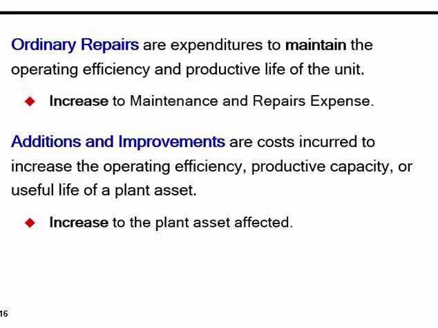We're adding to the PPE in some way, shape, or form in order to get more utilization out of it. And what we do is take that dollar amount and increase that existing asset in the books, and then we'll recalculate our depreciation going forward. I will be showing you guys how to do these depreciation items later in our content.